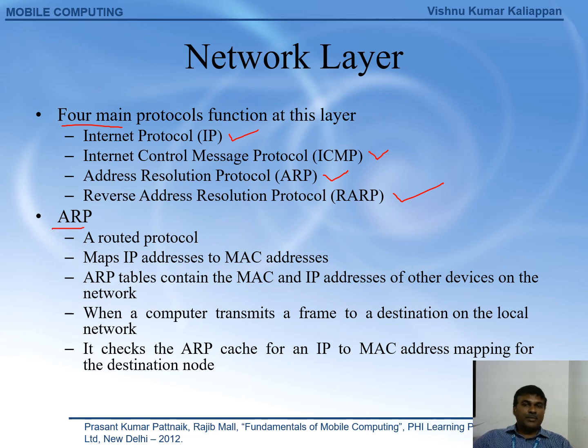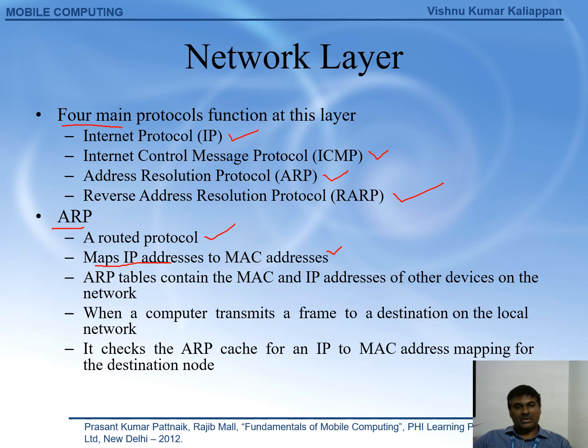For ARP, let me explain a basic concept. ARP is mainly used as a routing protocol. The main thing it does is keep a table that maps IP addresses to MAC addresses.